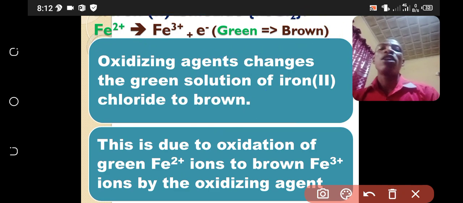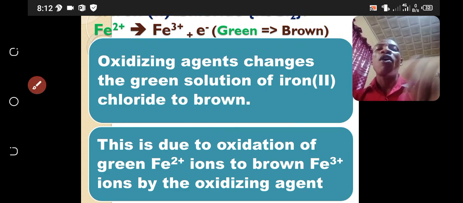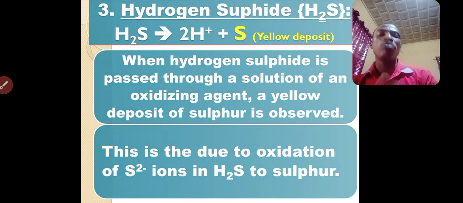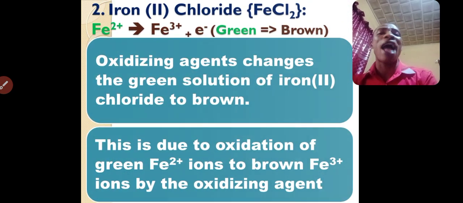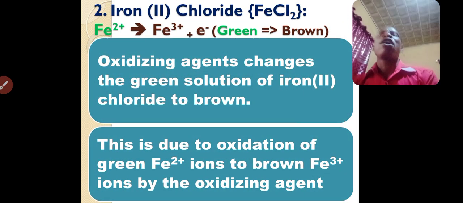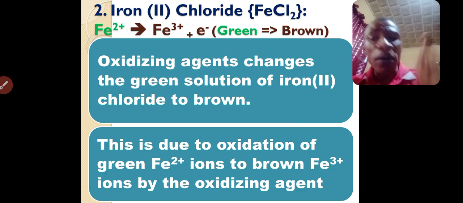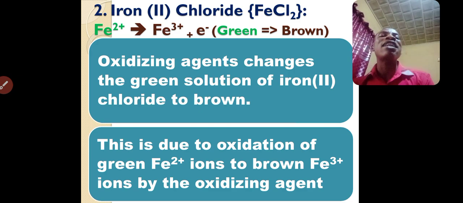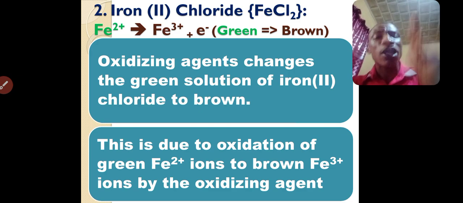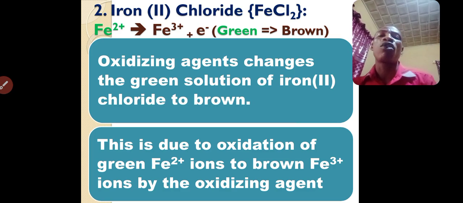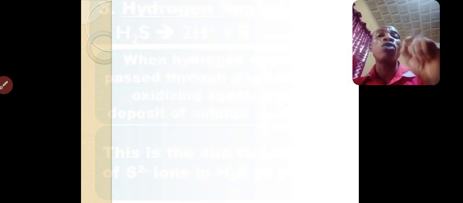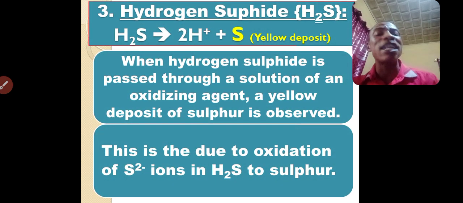Now, what happens when a compound is an oxidizing agent and you use iron(II) salt to test for it? An oxidizing agent will change the color of that iron(II) salt from green to brown, and the chemistry behind that reaction is that the iron(II) ion, which is green, has been oxidized to the iron(III) ion, which is brown in color. So that is how you use iron(II) chloride or iron(II) salt to detect oxidizing agents.